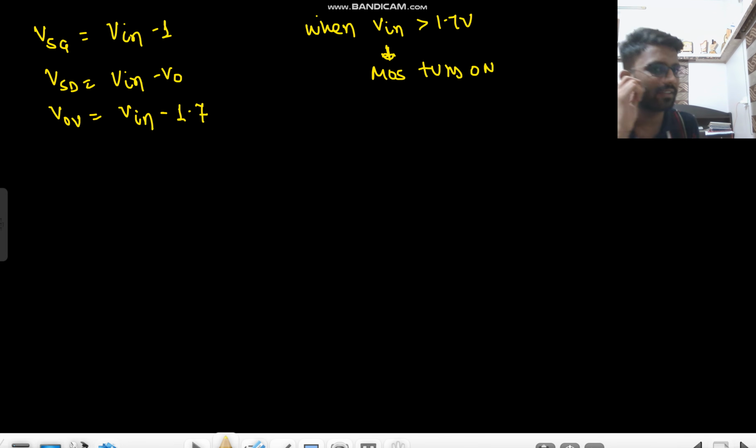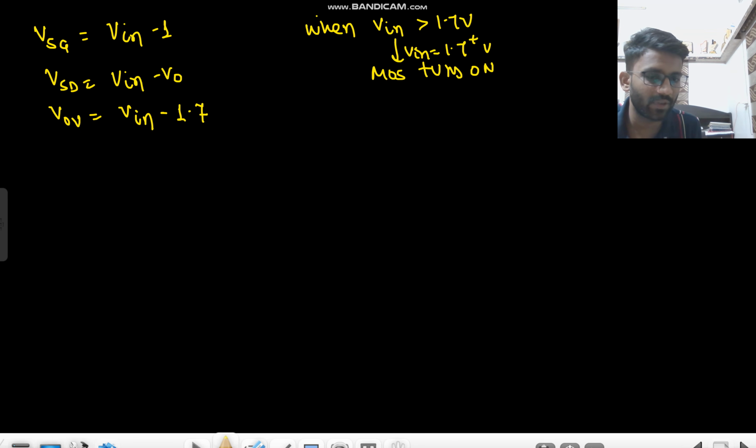Okay, but we have seen the transfer characteristics. Whenever the MOS turns on, instead of this arrow, I will write V in equals 1.7 plus 1. Just as the MOSFET turns on, there will be very small current, right?